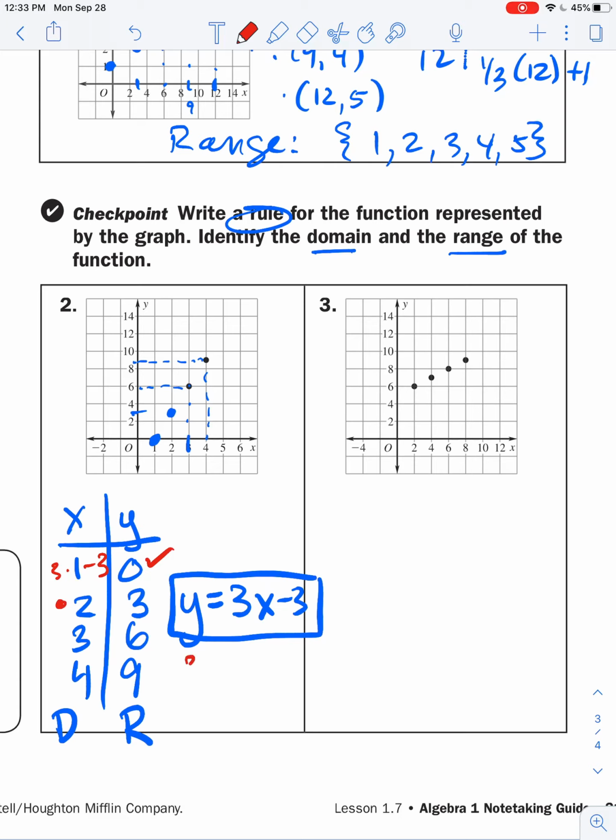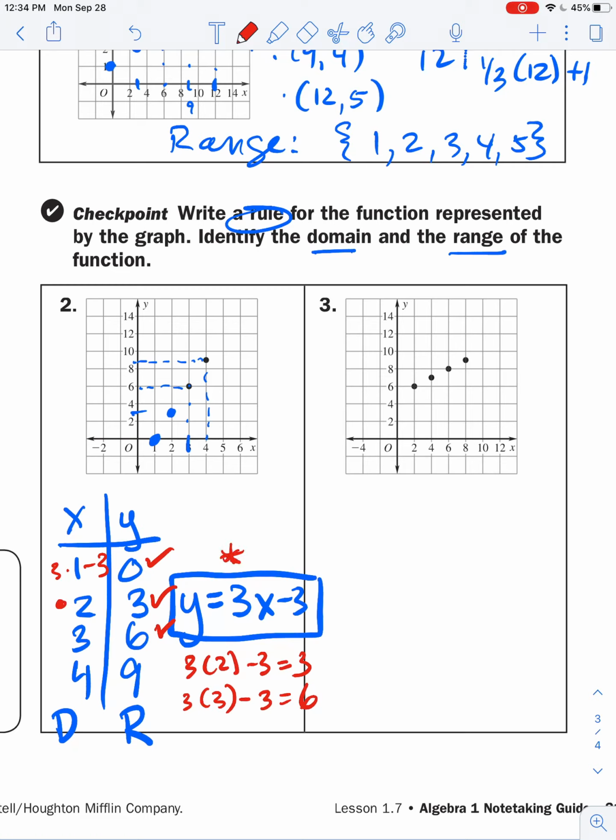Then I have to take away 3 to get this 0. Testing it out on this one, 3 times 2 minus 3 would be 3. So that checks. Testing it out on the third one, 3 times 3 is 9, minus 3, sorry, is going to be 6, and so on.